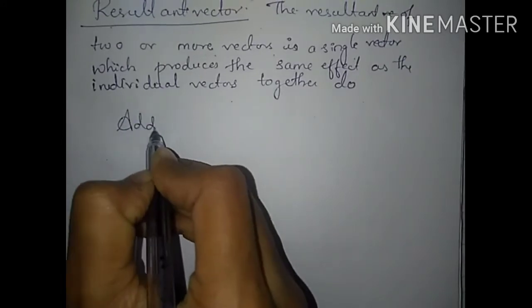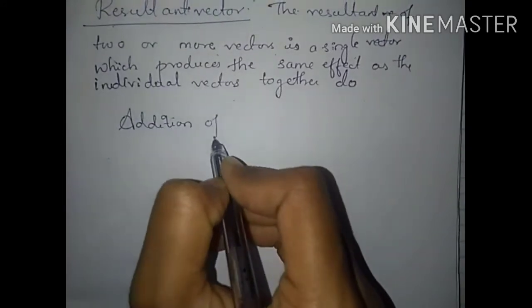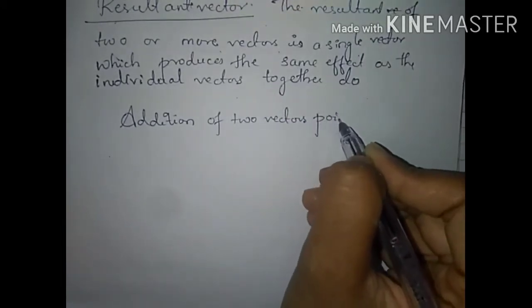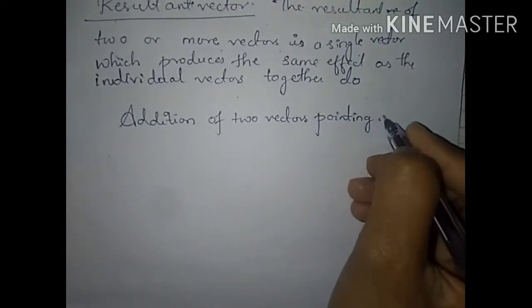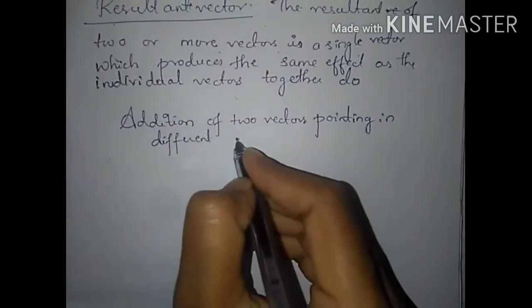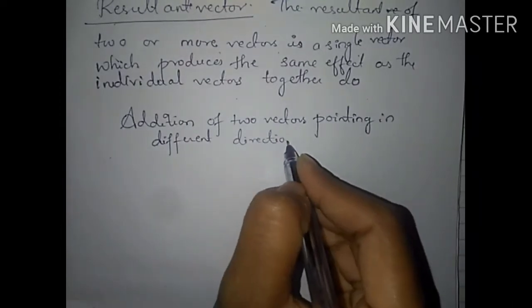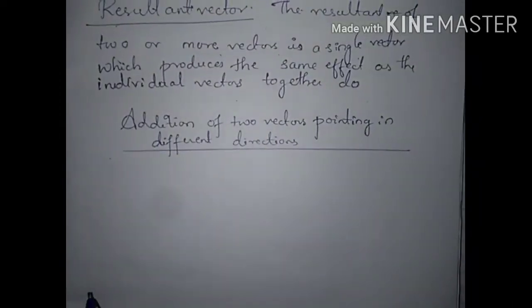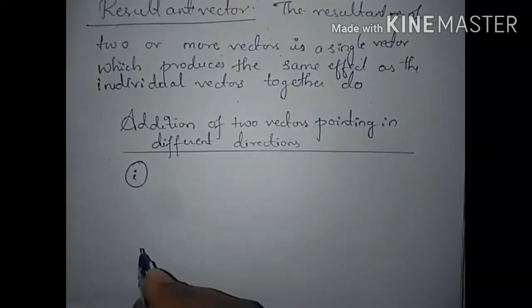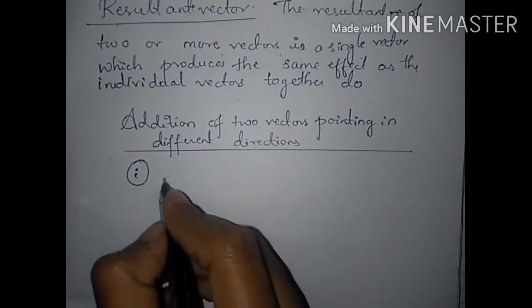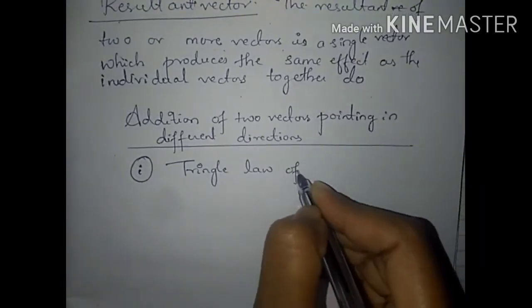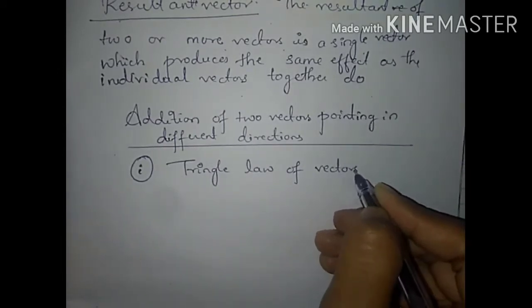So basically, for addition of two vectors pointing in different directions, you can use the triangle law of vector addition.